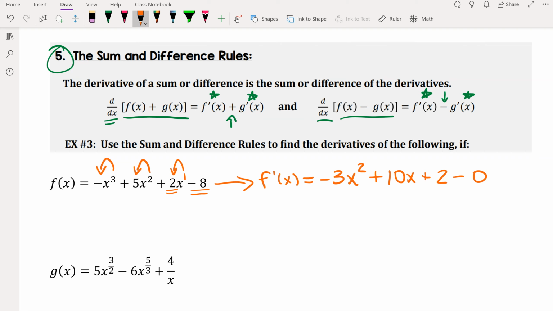And now let's do this trickier one. Okay, g prime of x equals, let's multiply this fraction times 5. Remember, when you're multiplying a whole number times a fraction, you multiply the whole number to the numerator of the fraction. So 5 times 3 is 15. So in front, we get 15 over 2. Leave the denominator.